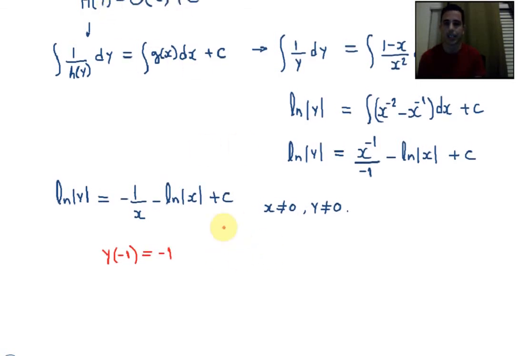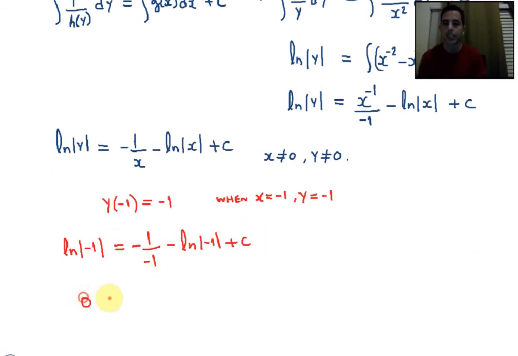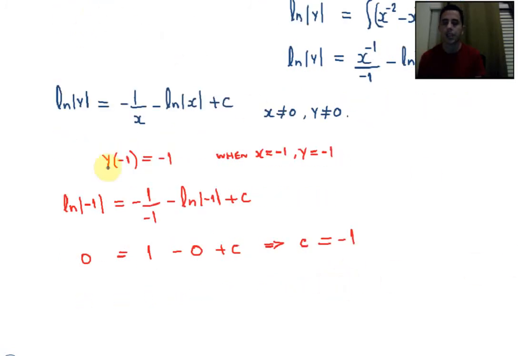So let me write this here: x equals -1, y equals -1. If we plug those numbers in, this is natural log of 1 equals 1 over negative 1 minus natural log of 1 plus c. Okay, so this is 0, this is -1, this is 0 plus c. So therefore, c has to equal negative 1. So that's the implicit solution.